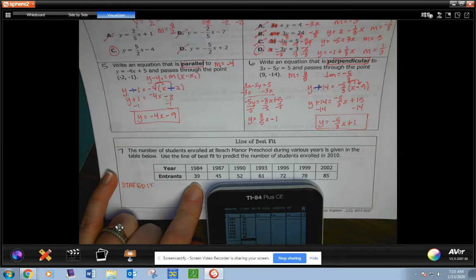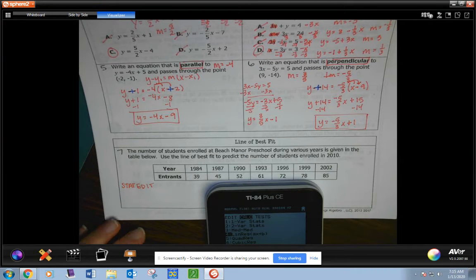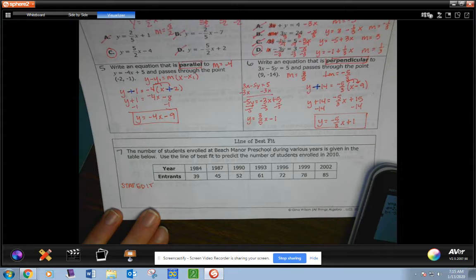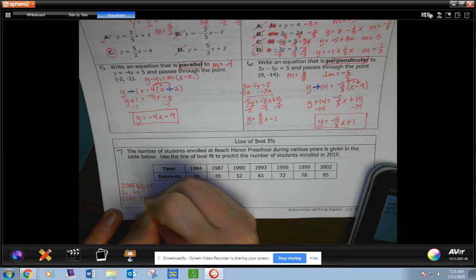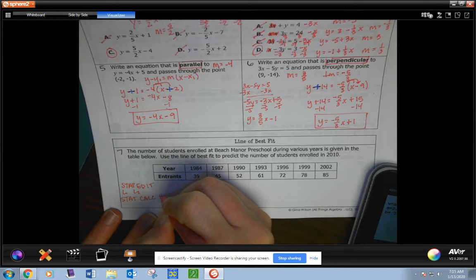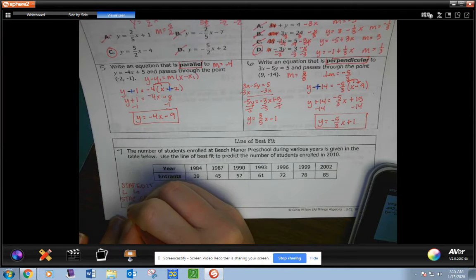And you're going to press stat, and you're going to go over to calculate, and we're going to go down to number 4. So this would be a linear regression. I need you to take 3 decimal places, all right? So we did stat edit, we did L1, L2, and then we're going to do stat calc number 4. Okay.